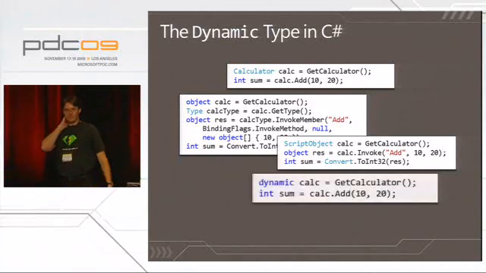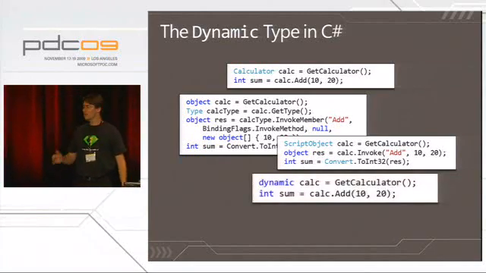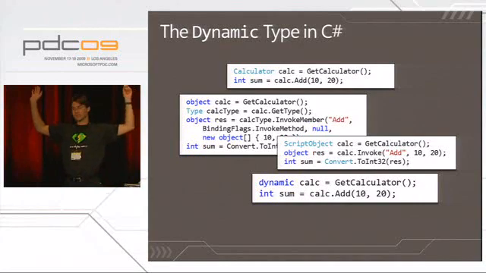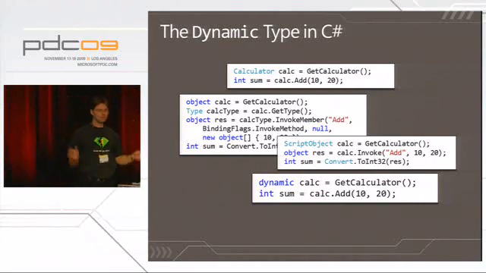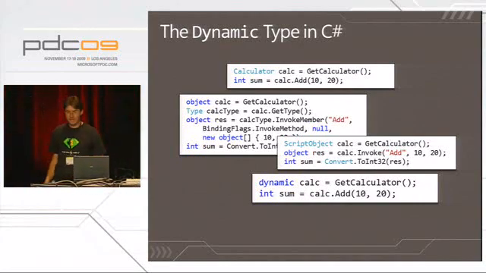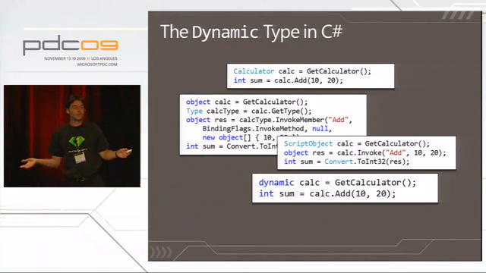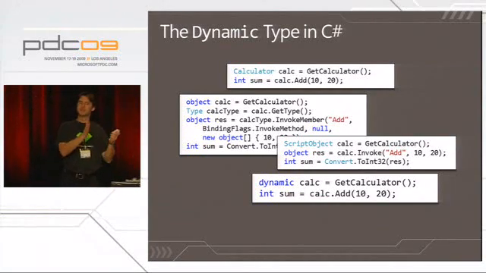So the idea with C# dynamic is simply to say, hey, let's give calculator the type dynamic, and let's allow you to just call that method on it. The compiler's going to say, I don't know what you're doing, but it's dynamic, so I don't care. Go ahead, be my guest. It may not work at runtime, but that's not my business. You opted out of my help and guidance.